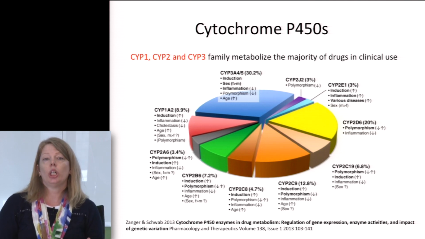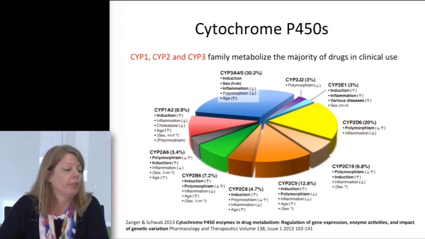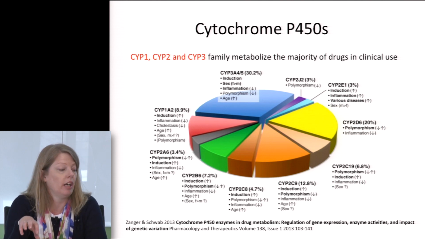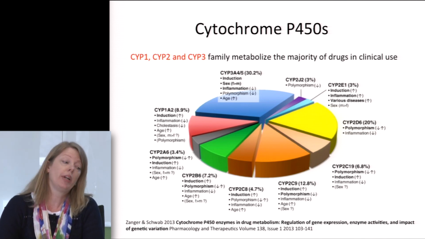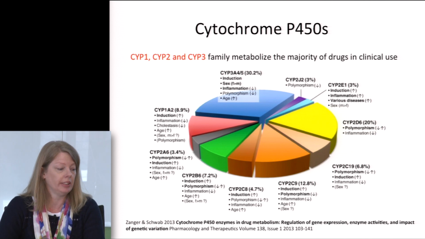Okay, so this is a pie chart of a bunch of different cytochrome P450s found in the body. The highest expressed forms in the liver are CYP3A4, 2C9, 2C8, 2E1, 1A2, and I believe 3A5. 3A5 is less abundant, 2A6, 2D6, 2B6, 2C19, a little bit less than the other ones.